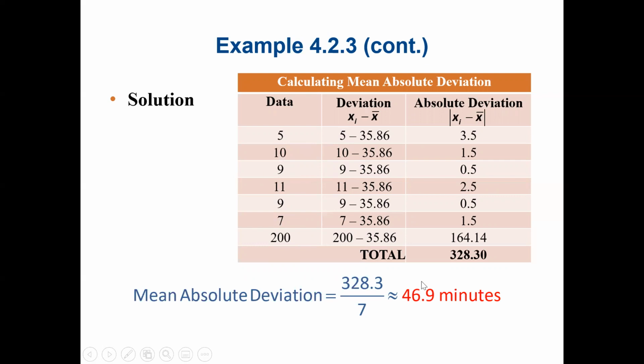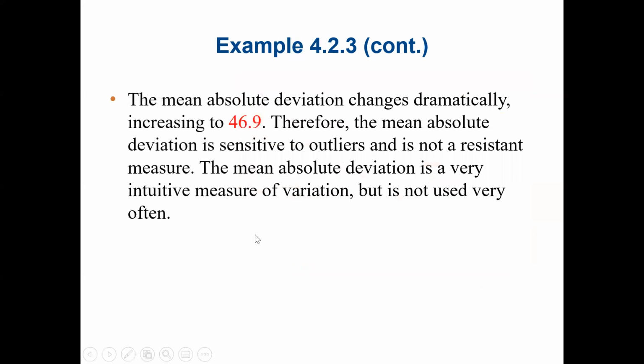And we can see previously we had 1.7 minutes. Now we have 46.9 because of the outlier, a very large value. So here now we will say that the mean absolute deviation changes dramatically, increasing to 46.9. Therefore, the mean absolute deviation is very sensitive to outliers.